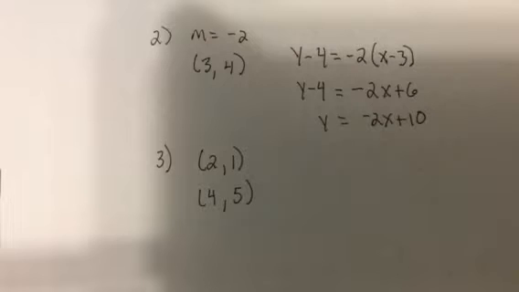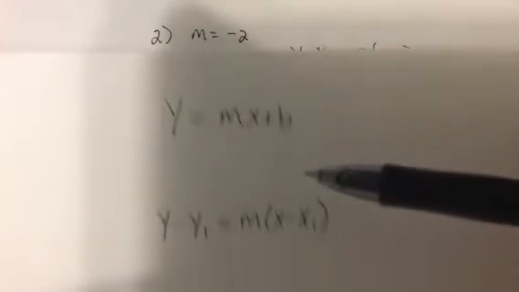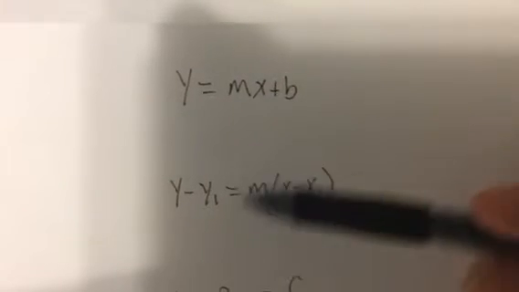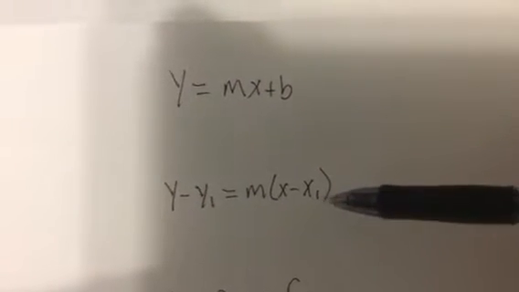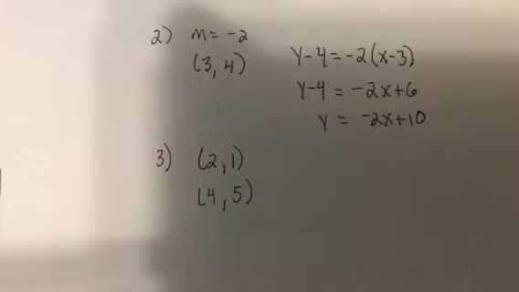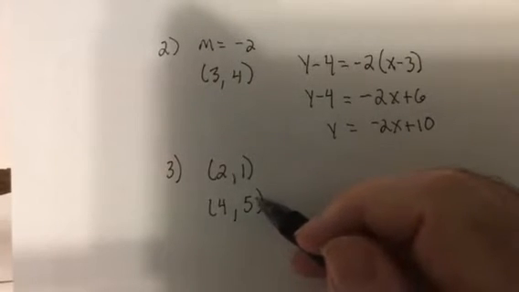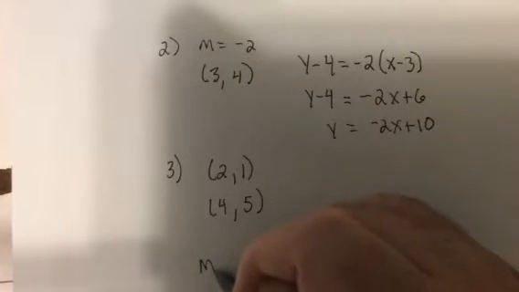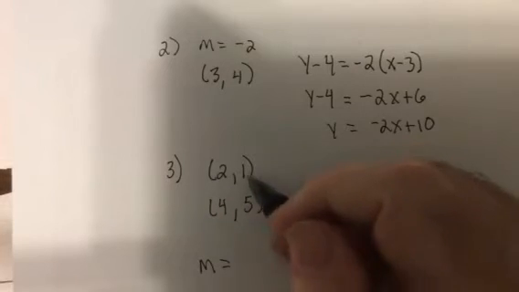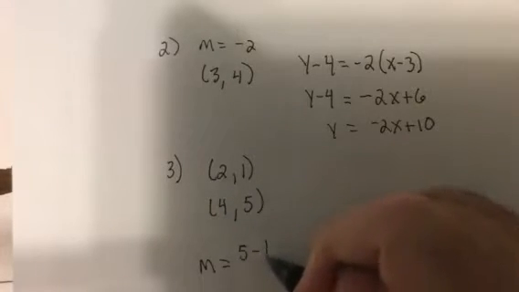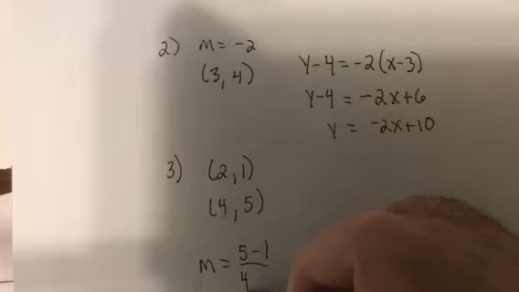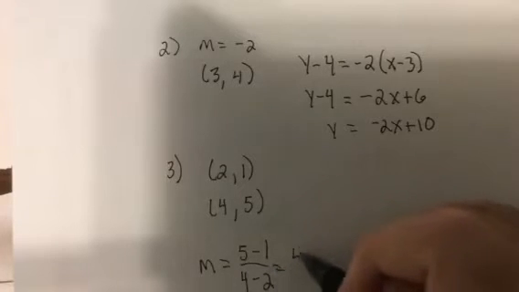Okay, now I don't have a point. I'm given 2 points. But I know slope-intercept and point-slope. So I'm going to find the slope and then pick one of the points and do point-slope. So 5 minus 1 over 4 minus 2. 4 divided by 2 is 2.